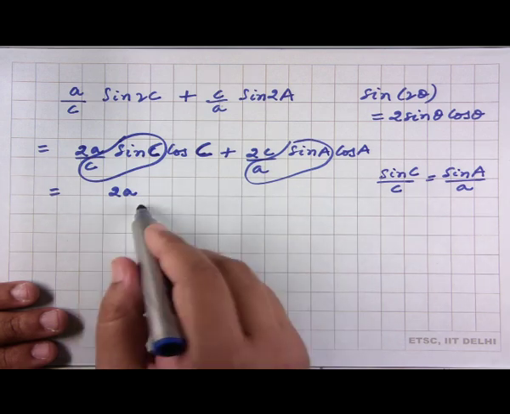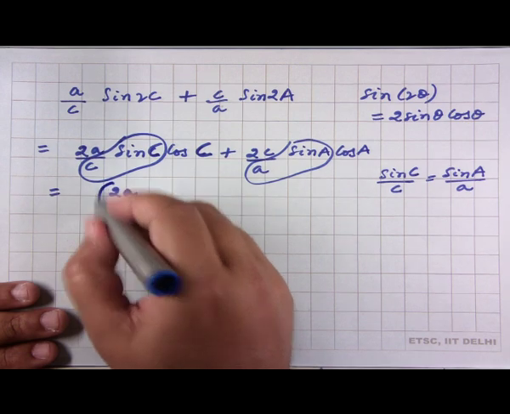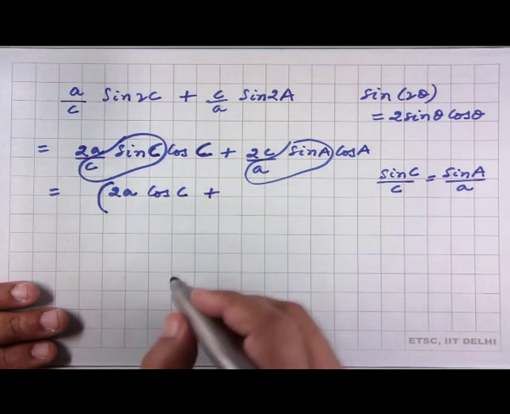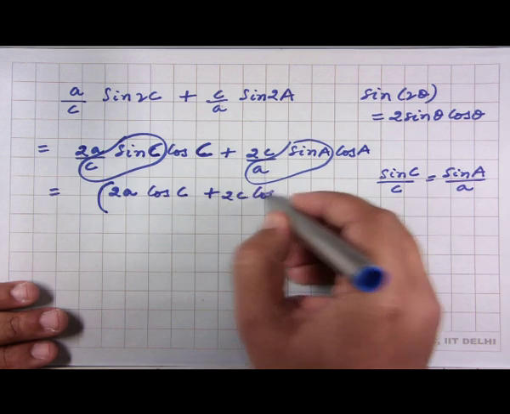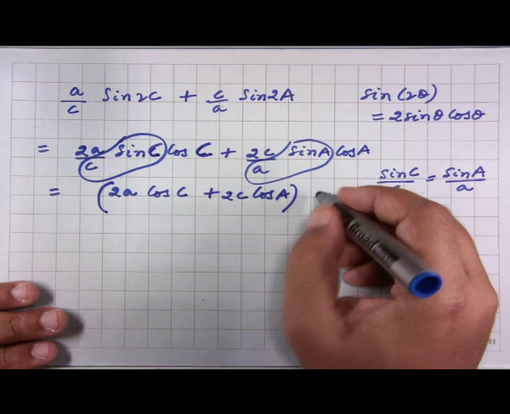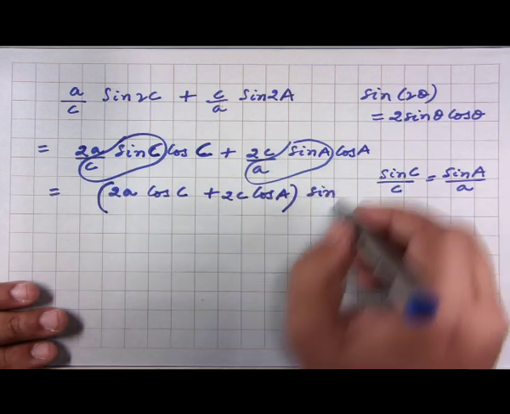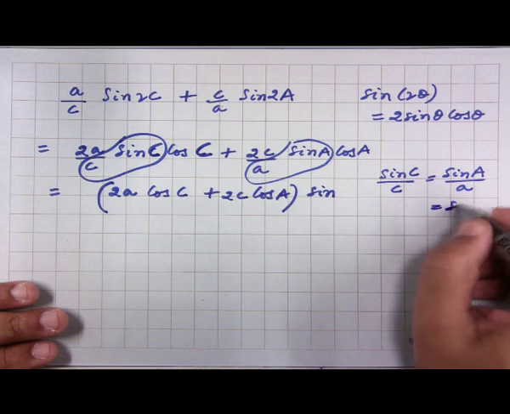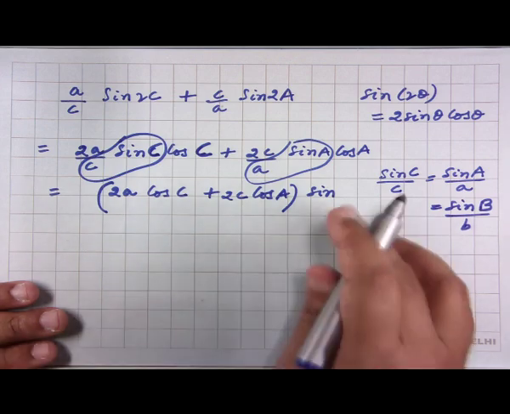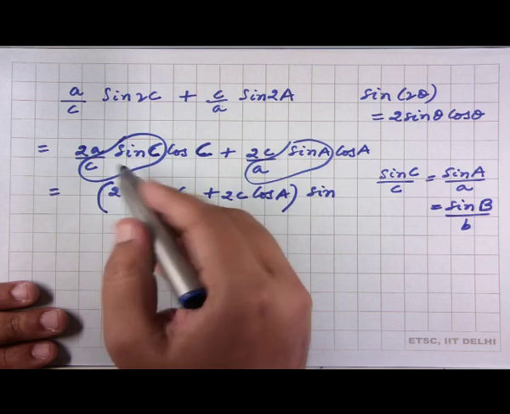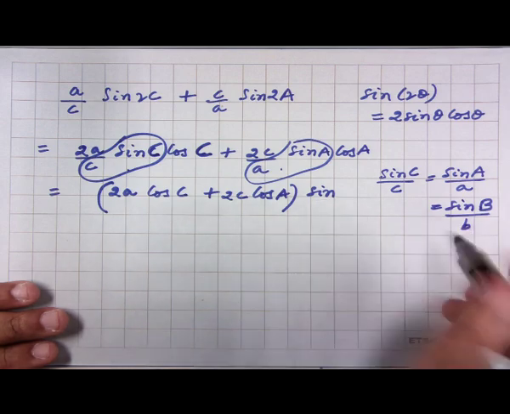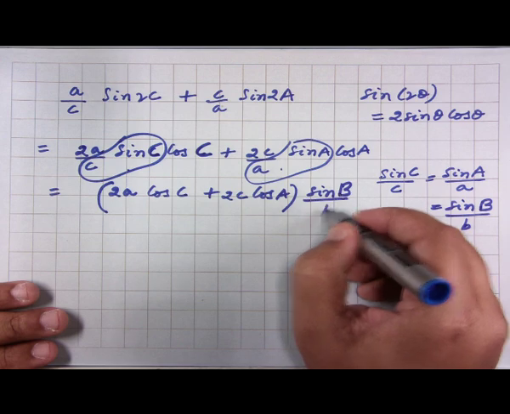Then what remains inside is 2a into cos C plus 2c into cos A. But we also know that this ratio is also equal to sin B upon b. So, both these factors, which are equal, are also equal to sin B upon b, and therefore we write the common factor here as sin B upon b.